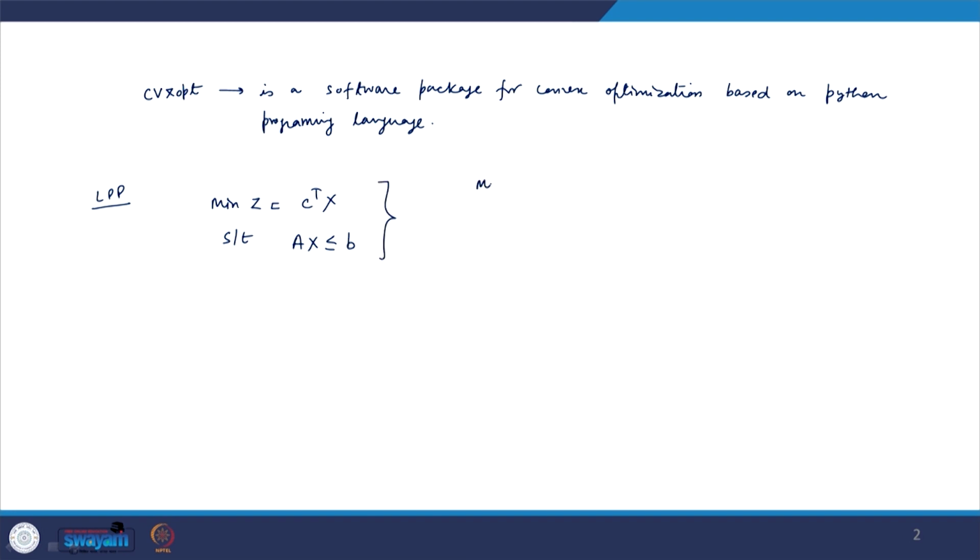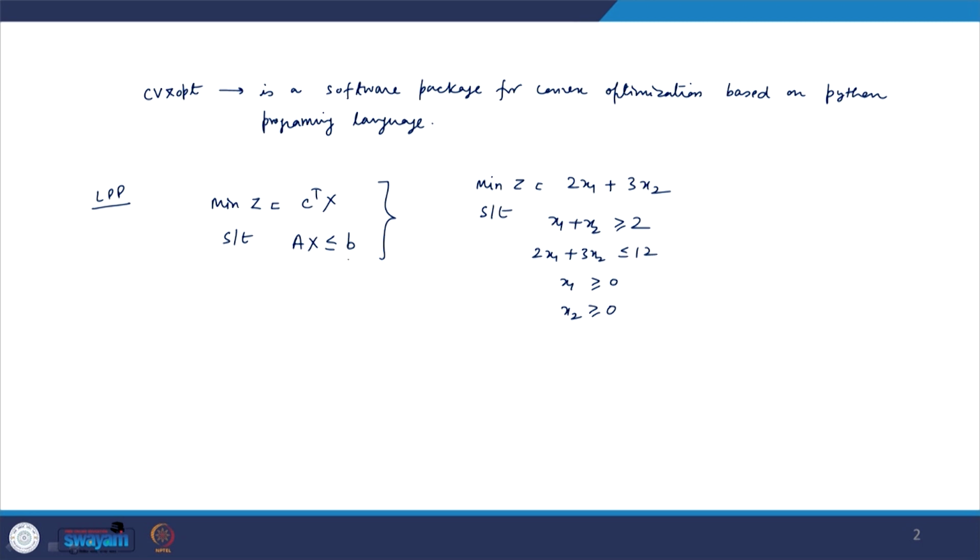Suppose you have a two-variable problem: minimize z equal to 2x1 plus 3x2 subject to x1 plus x2 greater than or equal to 2, 2x1 plus 3x2 less than or equal to 12, x1 greater than or equal to 0 and x2 greater than or equal to 0.